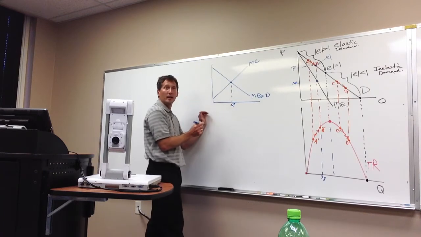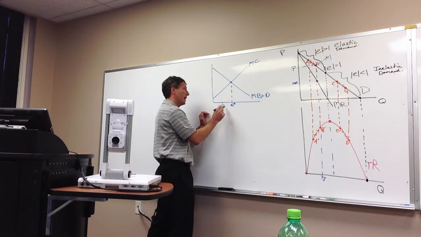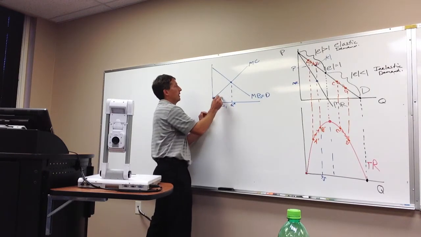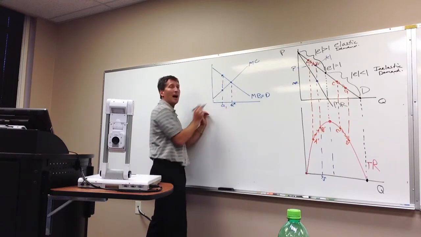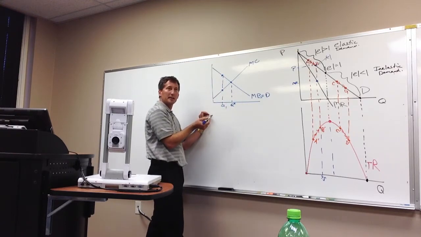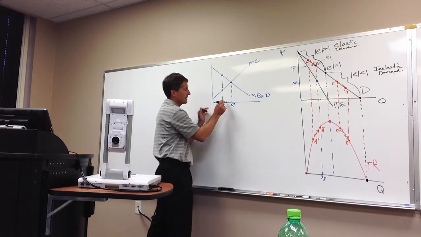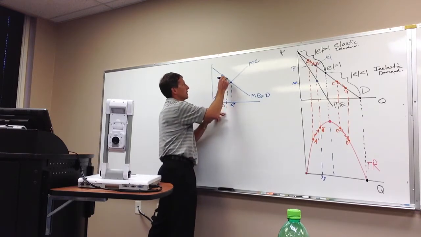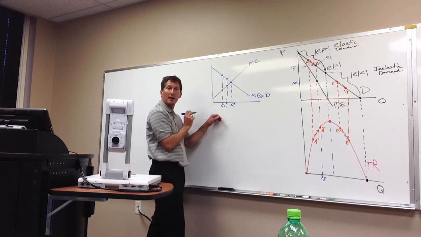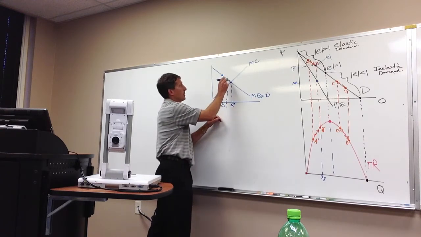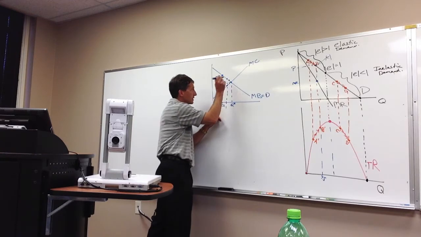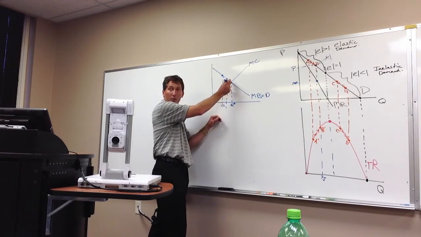Why? Because if I'm here at Q1, the benefit is greater than the cost, but you're leaving a little bit on the table, right? Because if you went to here, the benefit of this extra marginal unit is here and the cost is there. So do it. What about this one? Do it. Do it until they're equal.